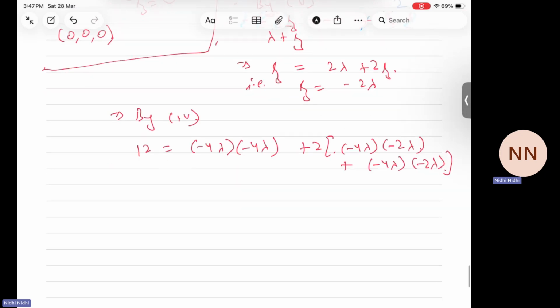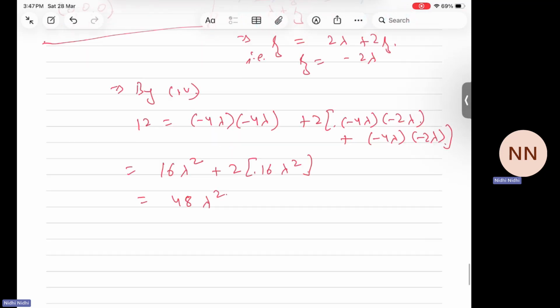So this is equal to 16 lambda square plus 2 times 8 lambda square plus 8 lambda square, that is 16 plus 32, 48 lambda square.